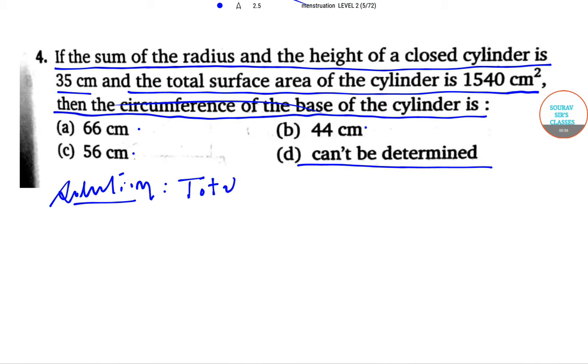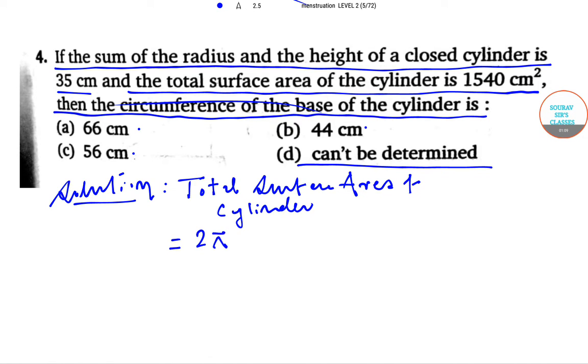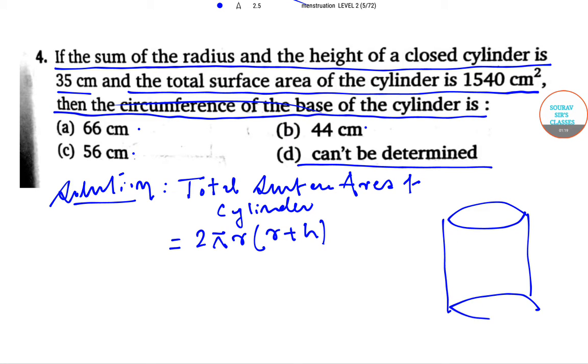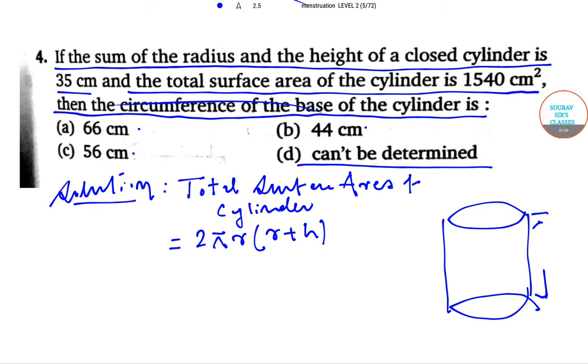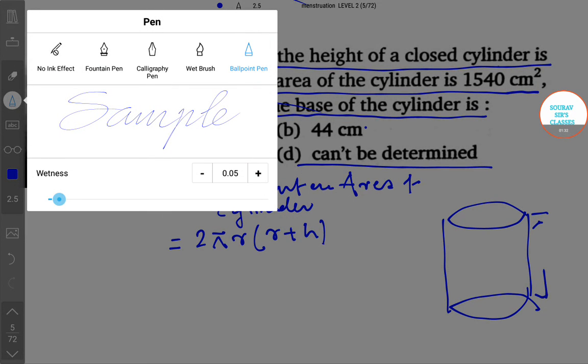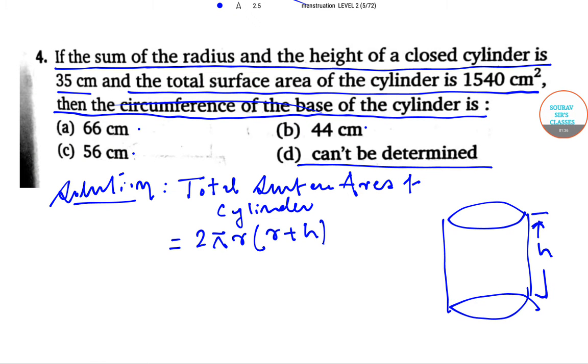Total surface area of a cylinder is what? 2 pi r into r plus h.